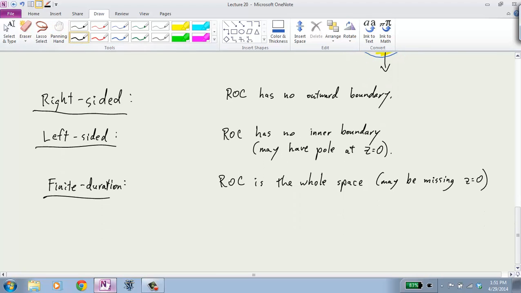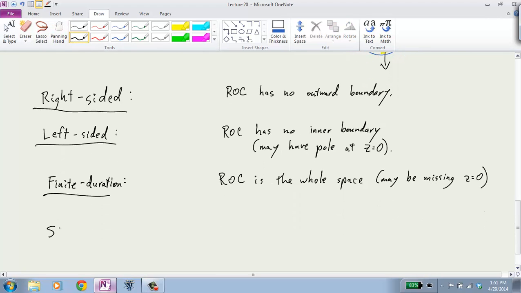But we have also this notion of stability. We've already talked about stability for both discrete time and continuous time systems, what bounded input, bounded output stability means, and so forth. And we know it's related to having a Fourier transform. At least if it's stable, it implies that there exists a Fourier transform.